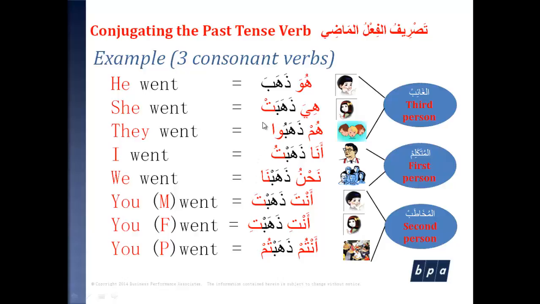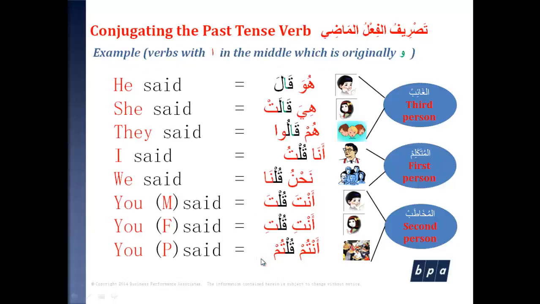Again, the additions: the ta with the sukoon for huwa, the waw and the alif for hum, the ta with the dhamma for ana, the noon and an alif for nahnu, the ta with a fatha for anta, the ta with a kasra for anti, and the ta and the mim for antum. You look at it here the same way.